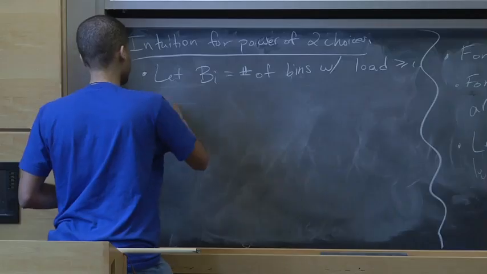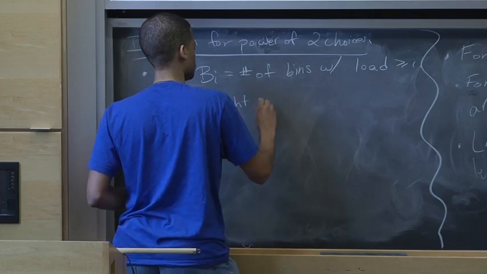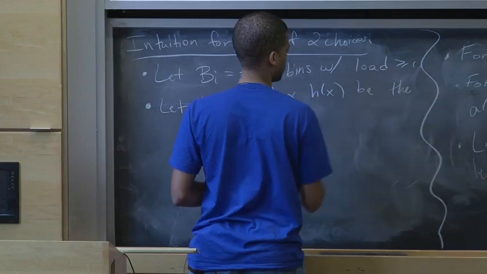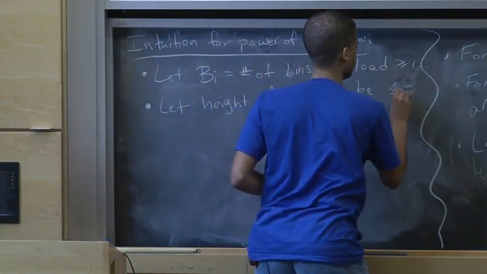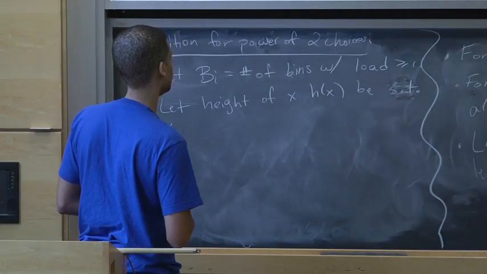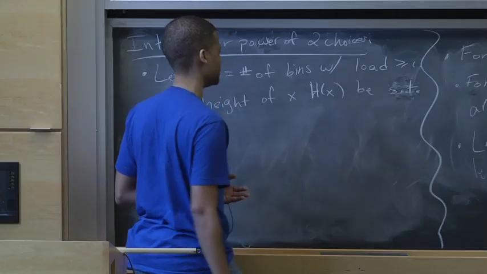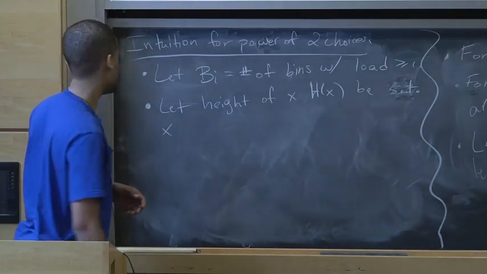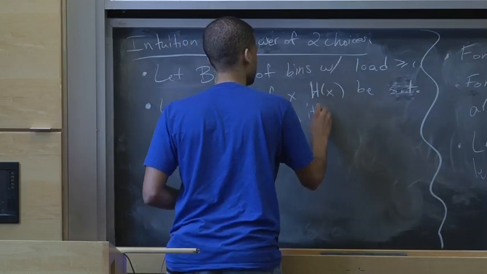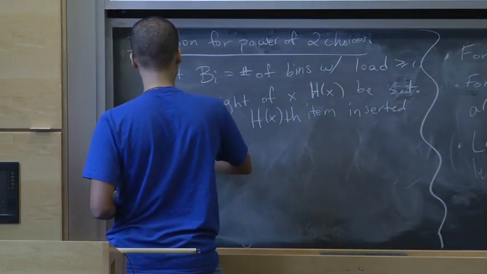And let the height of x, my hash function, let me make it capital H because my hash function is supposed to be G and little h, be such that x is the h-th item inserted into that bin.